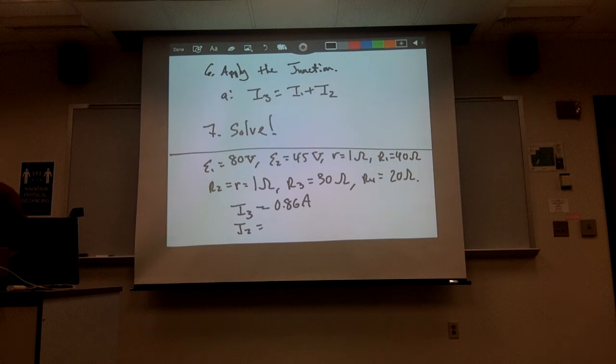I2, the bottom one, same direction, we found as 2.58 amps. And then finally, I1 was actually equal to a negative 1.73 amps, which means we chose the wrong direction.